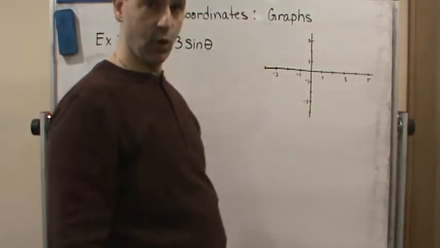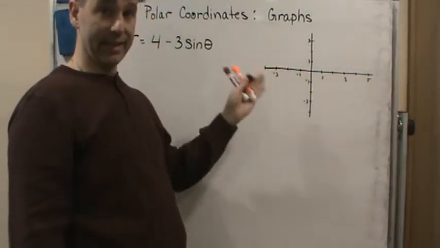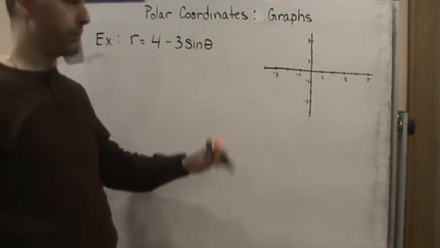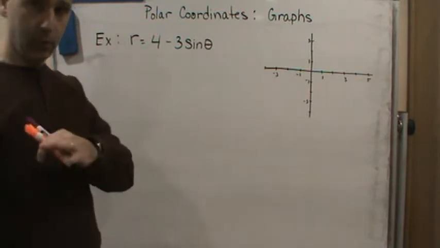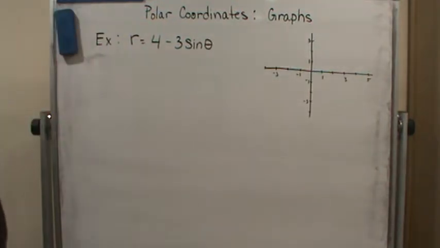We know that. So even though it failed all 3 tests, we know that it's symmetric. We just can't use symmetry to help us. Well, we can when we plot the points, but you'll see what I mean. So we're going to skip the symmetry. So we failed all the tests.